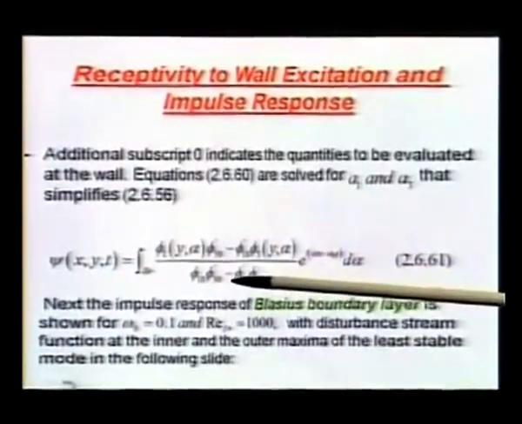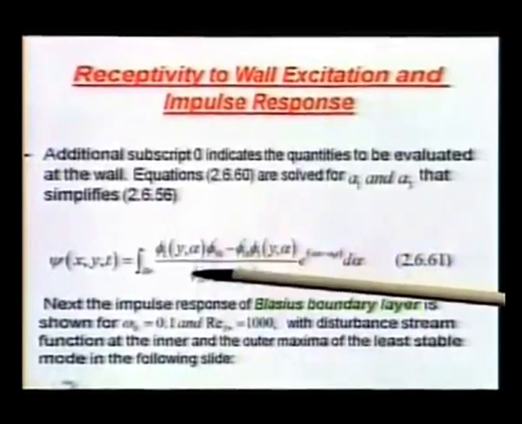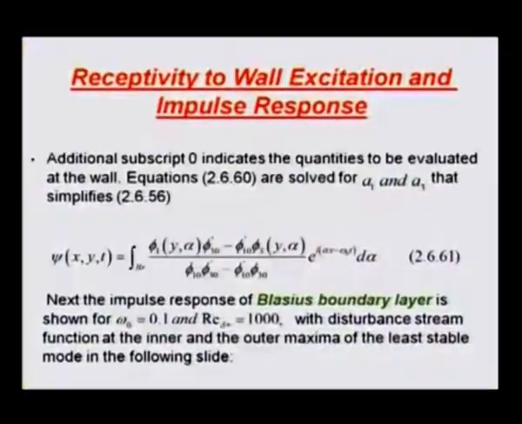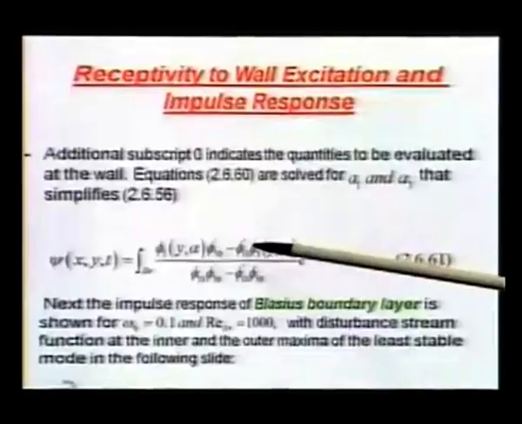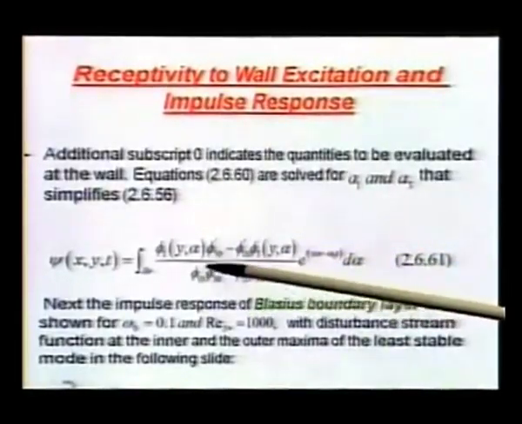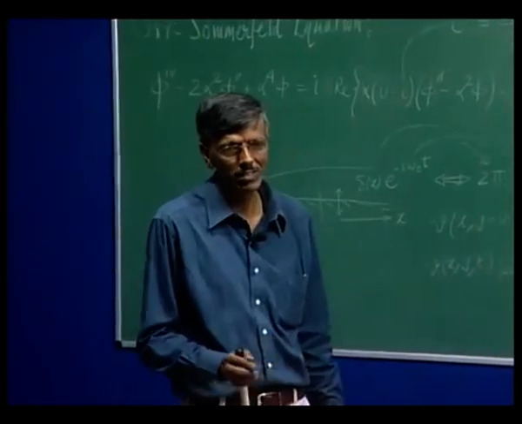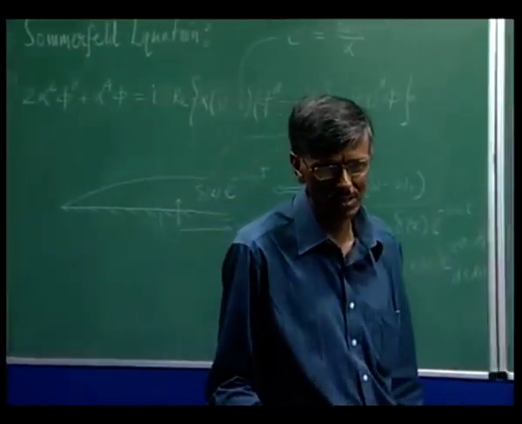What is A1? A1 is phi 3 prime 0 divided by this quantity, and what is your A3? A3 is minus phi 1 prime 0 divided by this quantity. And what is this quantity? It is very familiar to us. This is nothing but your characteristic determinant.